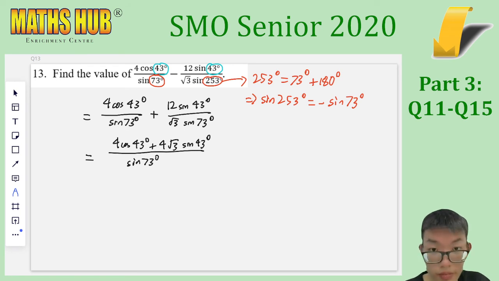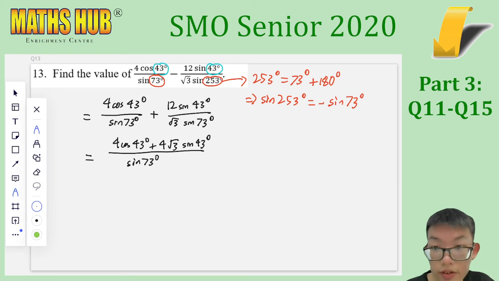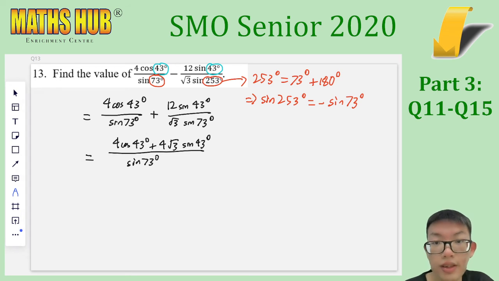At the top, we can see that both of the angles are once again 43 degrees. So because both of them are 43 degrees, we can combine them together using the R formula.